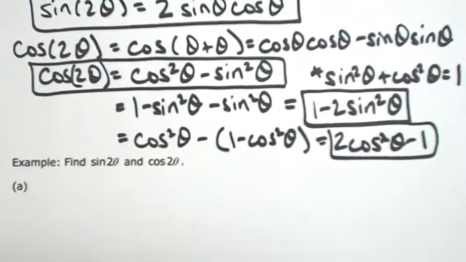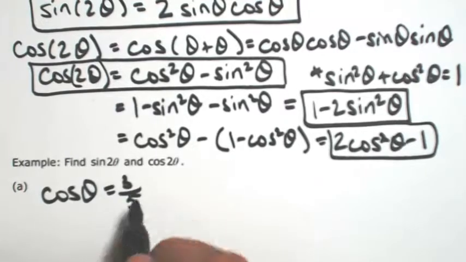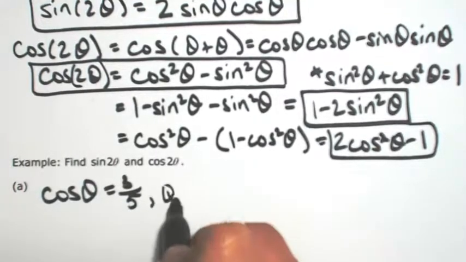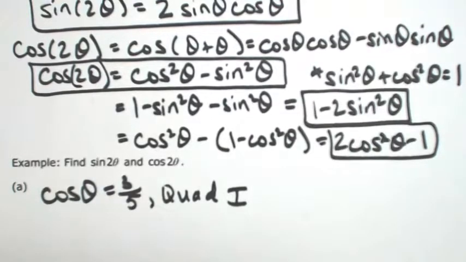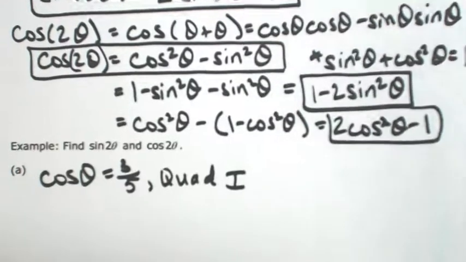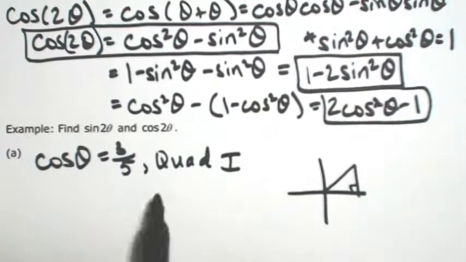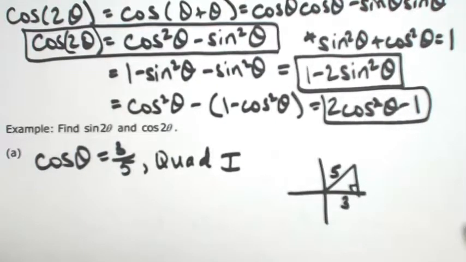Let's say we're told that the cosine of theta is 3/5, and you're also told the quadrant, which is quadrant 1. I'm going to draw my picture in quadrant 1, whose cosine is 3/5, which makes the opposite side 4.